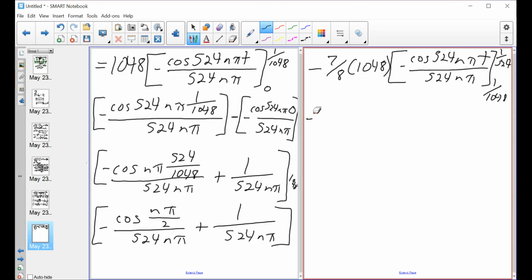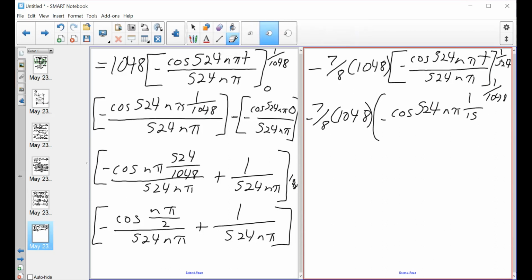So negative 7/8, 1048, and again the big box, negative cosine 524 n pi final, which is 1 over... oop, ahead of myself. 1 over 524. That's our t.